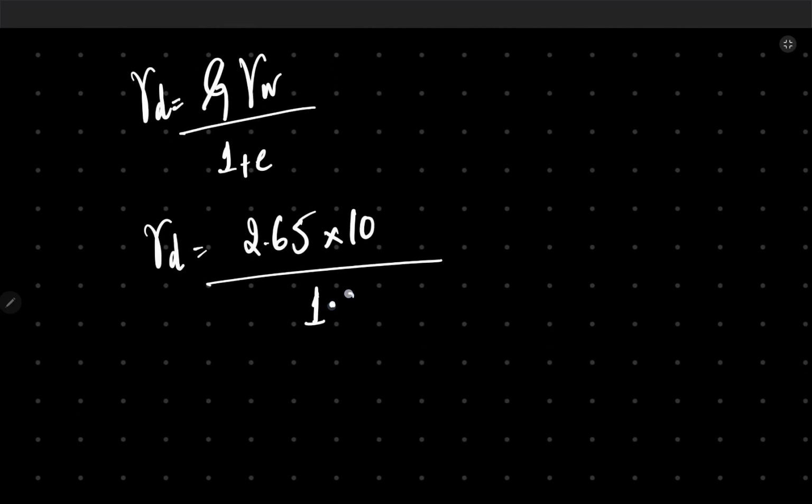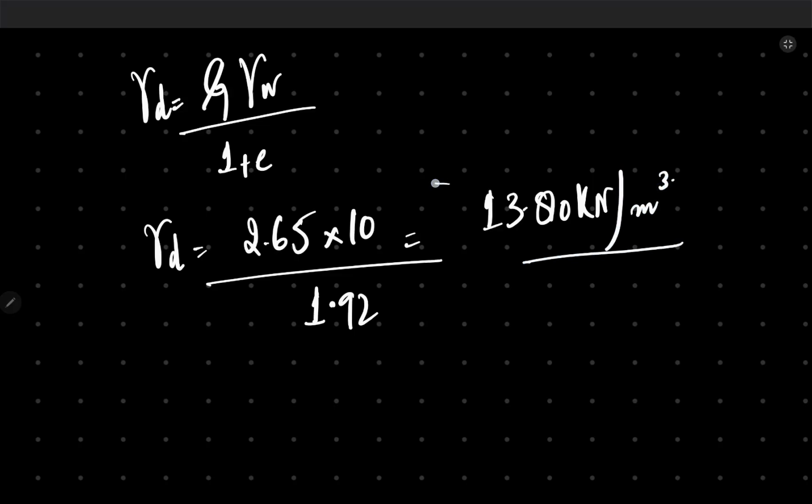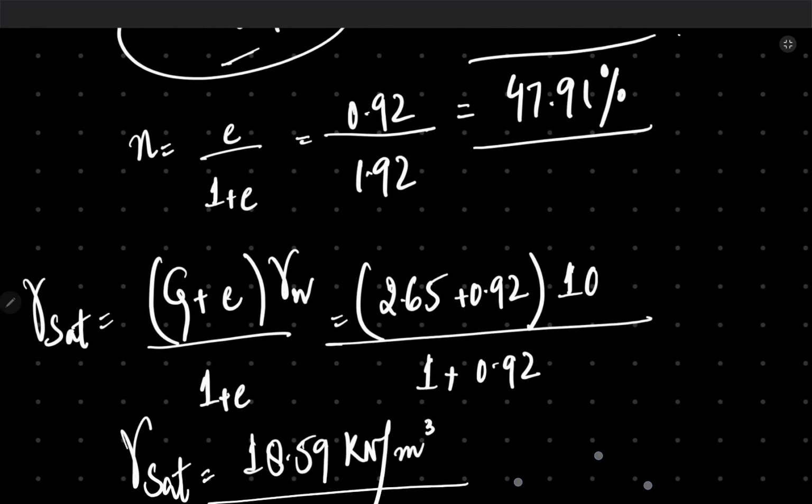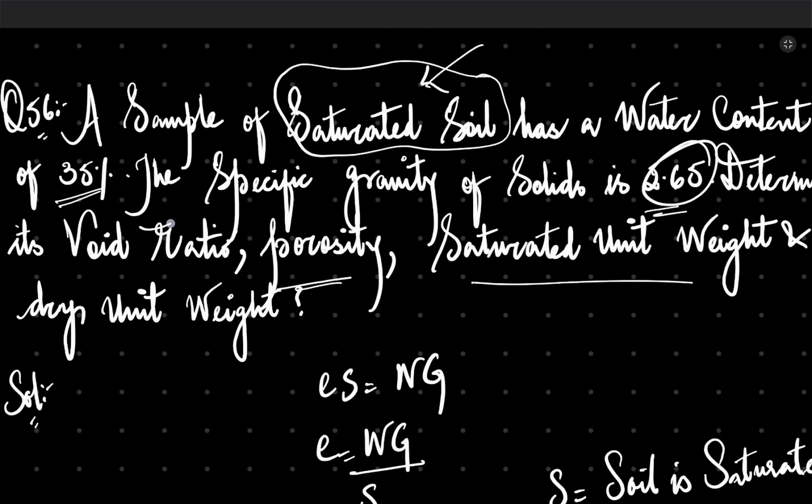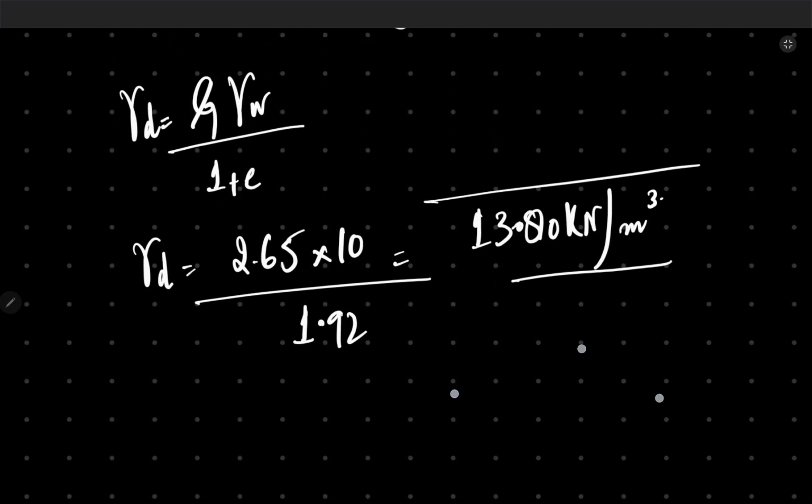So this becomes 1.92. So this is 13.80 kilonewtons per cubic meter. Alright, 13.80 kilonewtons per cubic meter. So we have calculated each and every parameter: void ratio, porosity, saturated unit weight, and the dry unit weight as well. With this, we have completed this question in all respects.